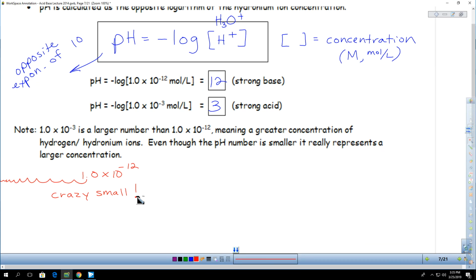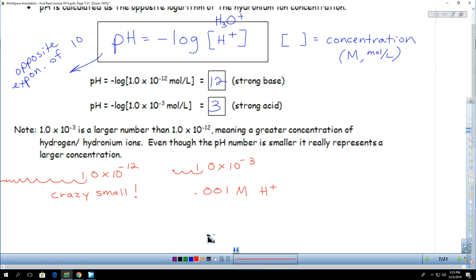If I have a concentration of 1.0 times 10 to the negative third, and I take that out of scientific notation, I'm going backwards just 1, 2, 3. So it's really 0.001 molar. And that is the concentration of hydrogen.